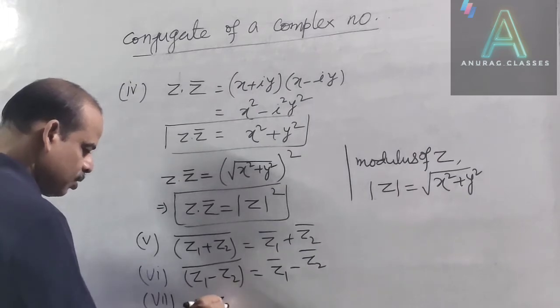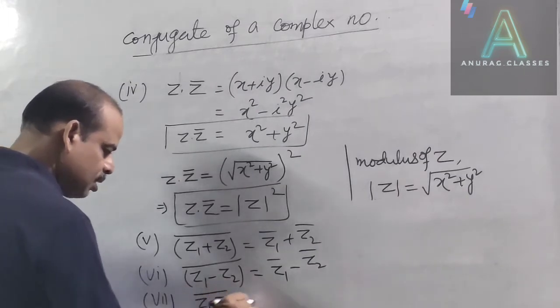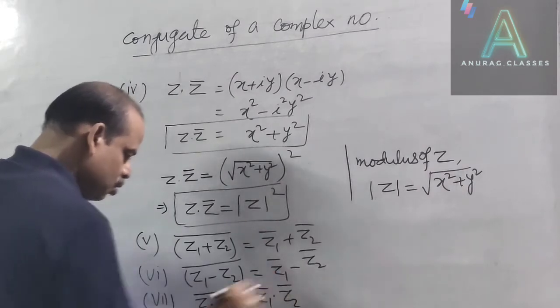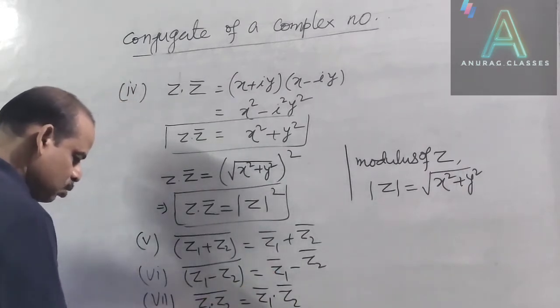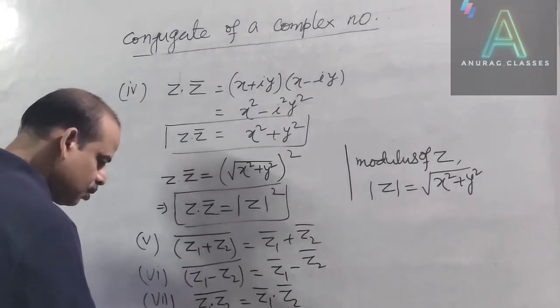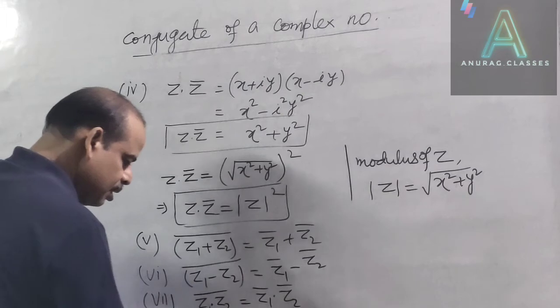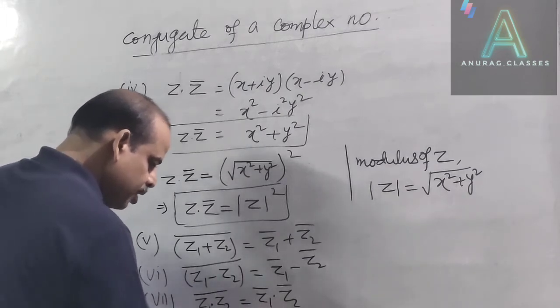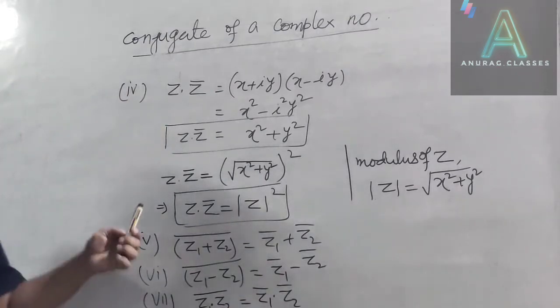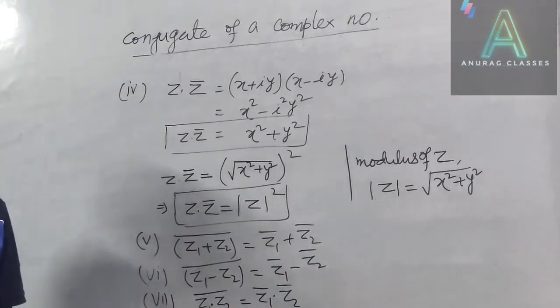Z1 into Z2 whole conjugate is equal to Z1 conjugate into Z2 conjugate, and the last one is Z1 by Z2 whole conjugate is equal to Z1 conjugate divided by Z2 conjugate. So these are the properties of conjugate of a complex number.